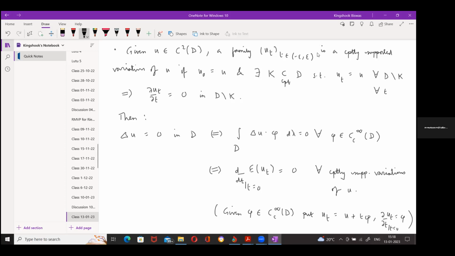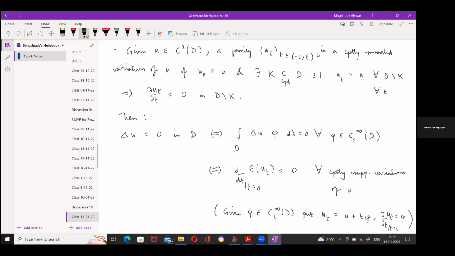Okay. Formally speaking, later we'll talk about derivatives of functions even in infinite dimensional vector spaces, so one can interpret this statement in a more formal way, where the derivative of the energy becomes a linear map on a space of functions, and the harmonic functions are exactly the functions in the kernel of the derivative of the energy.